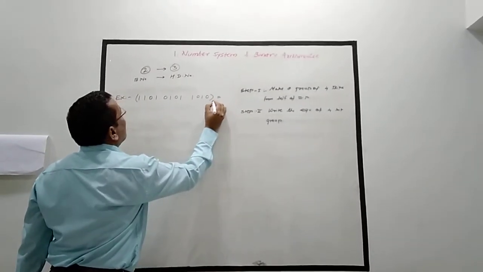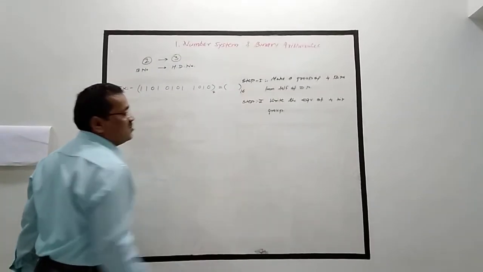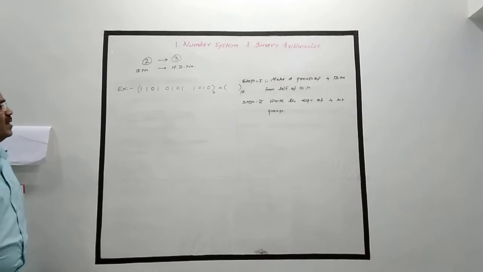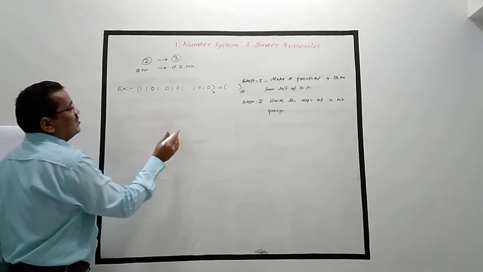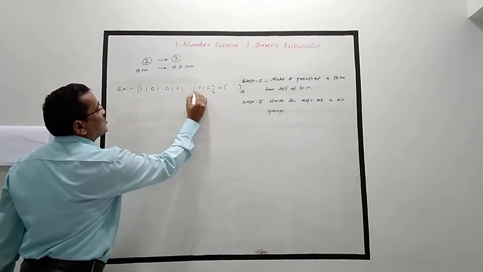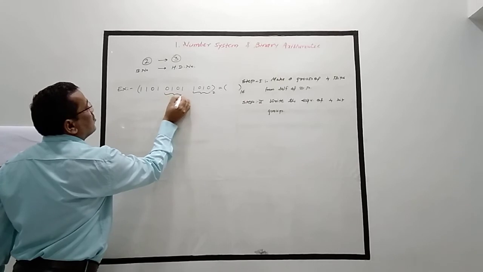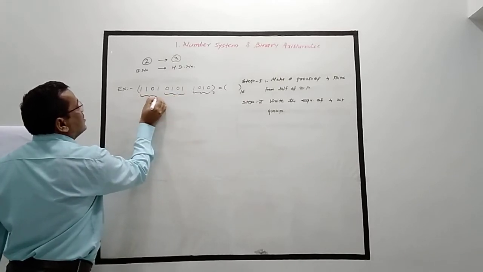It is to be converted into its hexadecimal number. Now making the group of 4 bits from the left, it is the first group, it is the second group, and it is the third group.